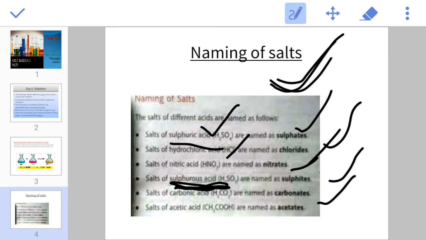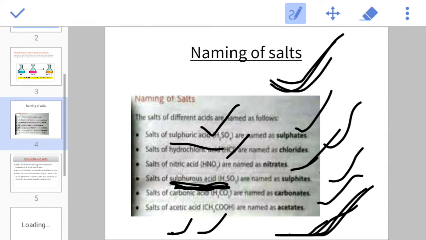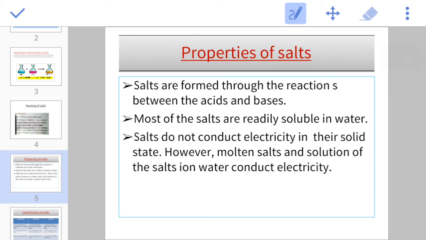Carbonic acid gives carbonates. Acetic acid gives acetates. These are the naming of the salts. It is not difficult. If you know the formulas of the acids, then it becomes easy.